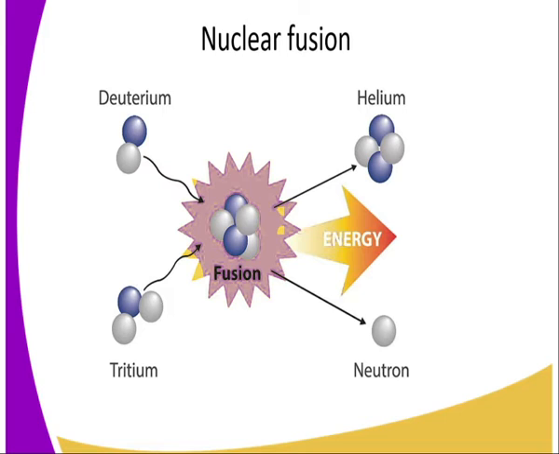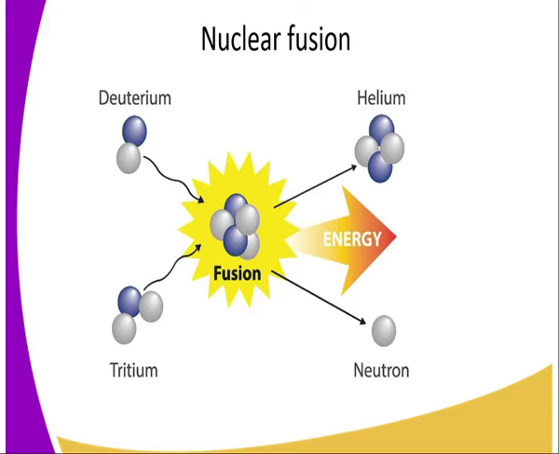The diagram we have here illustrates deuterium and tritium, which are radioactive isotopes of hydrogen. When the two are joined together, they form helium, a new nuclide, and there is a neutron which is produced, as well as energy.